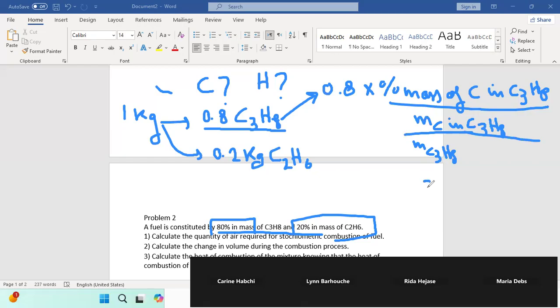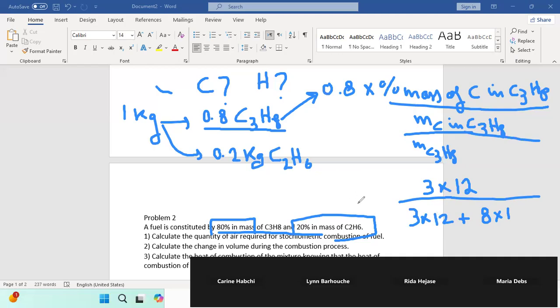If I consider a kilomole, it will be 3 times 12, while the total mass of this kilomole of C3H8 is 3 times 12, which is the mass of carbon, plus 8 times 1, which is the mass of hydrogen.